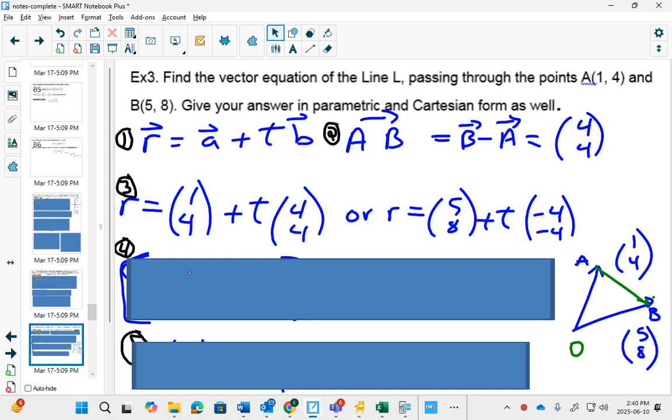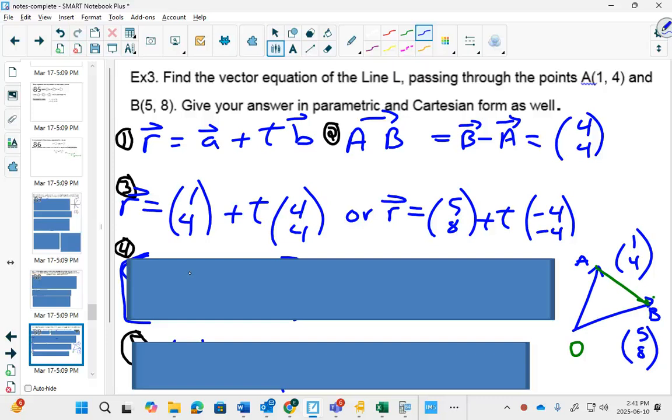So now you can write your equation of your vector. And it wouldn't matter if you had (4, 4), or (1, 1), or (negative 4, negative 4), or (2, 2). They're all the same, right? Because if you think of (4, 4), what's that slope? That's 4 over 4, which is just 1.